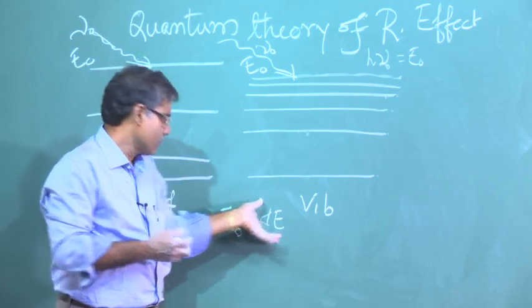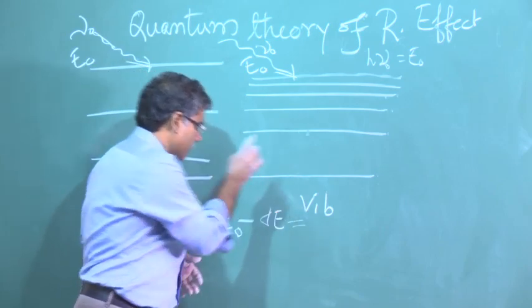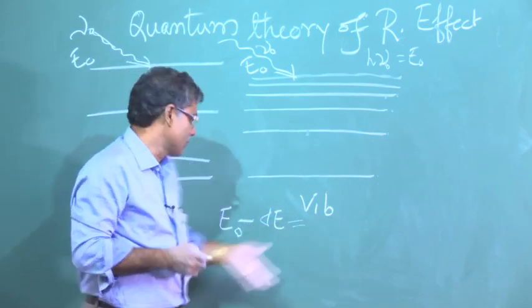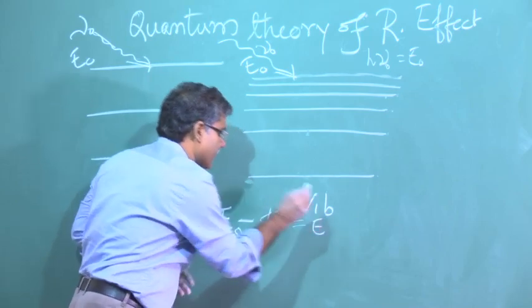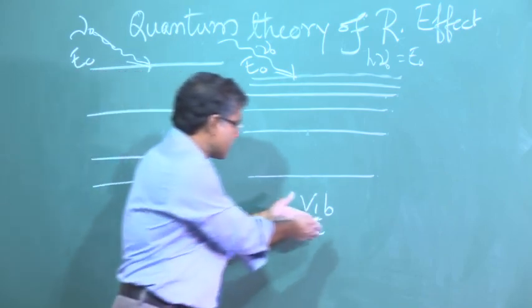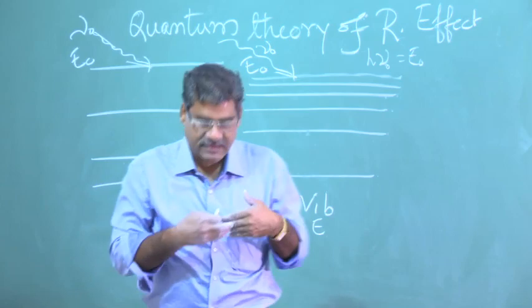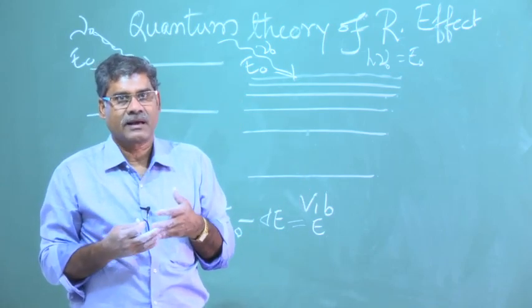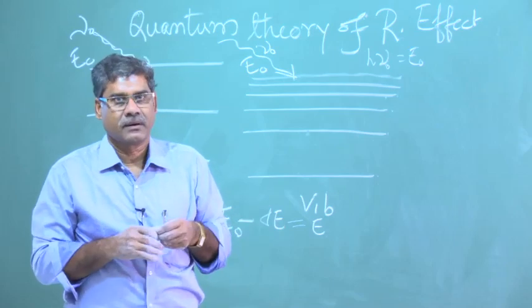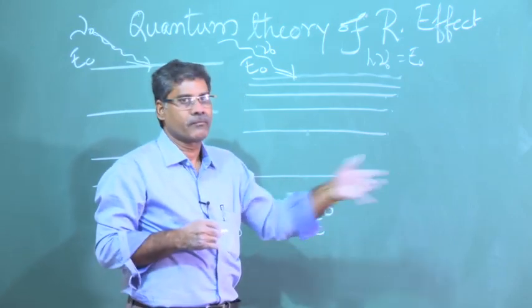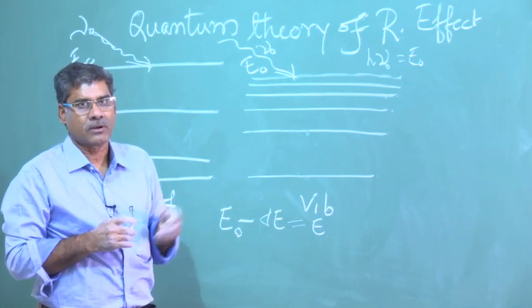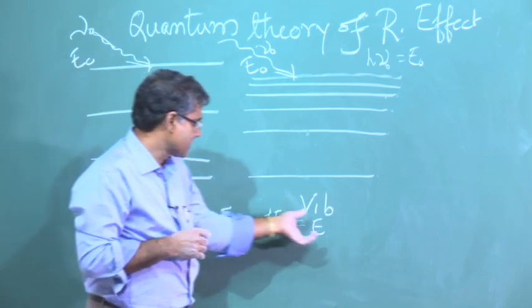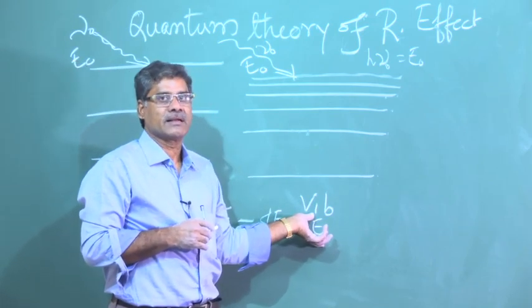Now, the rest of the radiation will have the energy say E. This rest of the radiation is coming out, so we say it is scattered by the molecules, and its energy is now lower than the incident energy.